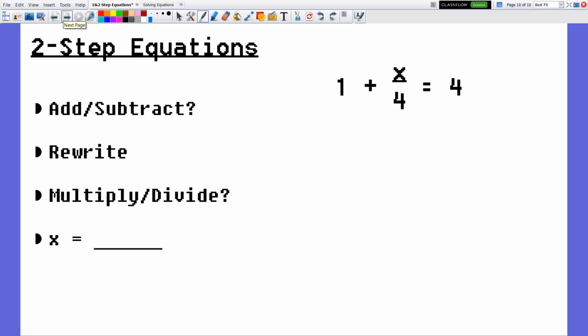Whoa, this one looks different. All right, hold on. I know what to do. All right, do I see any adding or subtracting? There's 2 ways you can think about this. There you see a 1 plus. You can interpret that as plus 1. You'd be exactly correct. If there was a negative in front of this, you could say it's plus -1.